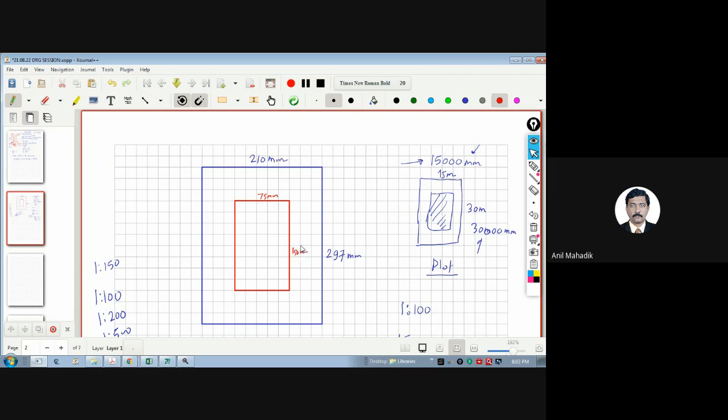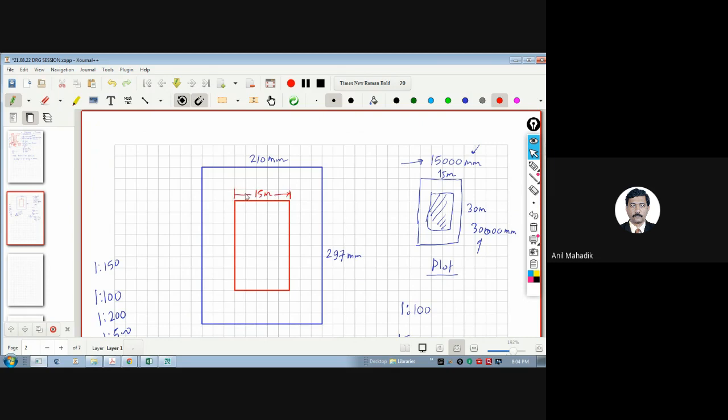Whenever you draw it, we don't write down the dimensions which are scaled. This is only for understanding. So what will I write here? I will write 15 meter only.